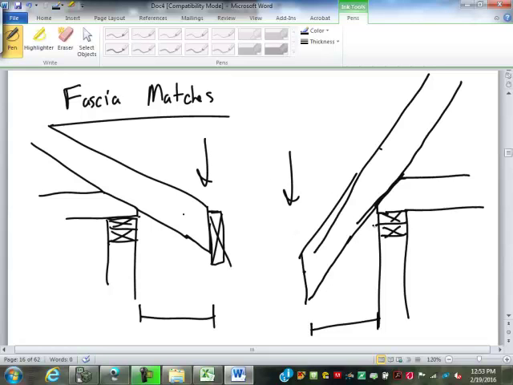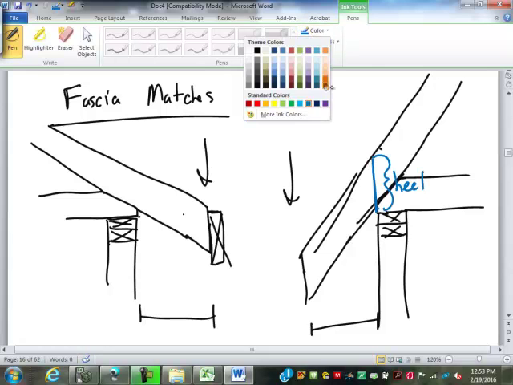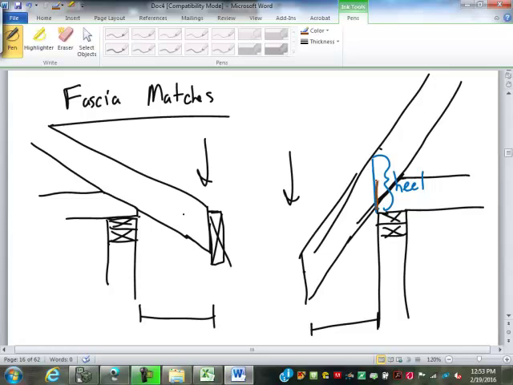So there are 3 ways we can adjust the height of that fascia. One way we can do it is to just adjust the heel height. Remember, this is the heel height here. So what we can do is we can actually take this board and lift it up like this so it's at the same height by creating a higher heel.